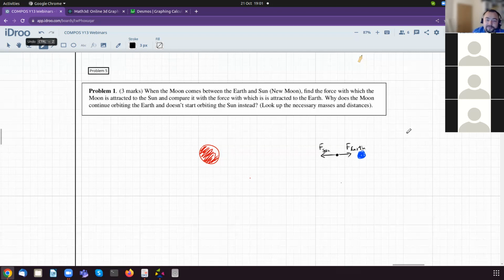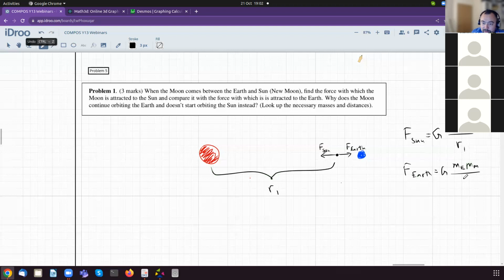And you know the formula. The formula for the sun, you take the gravitational constant, the mass of the sun, the mass of the moon, divided by the distance, which you can look up in wonderful Google, R1, and the force of the Earth is G M Earth, M moon, divided by R2.